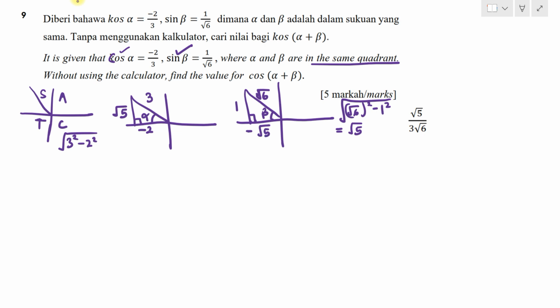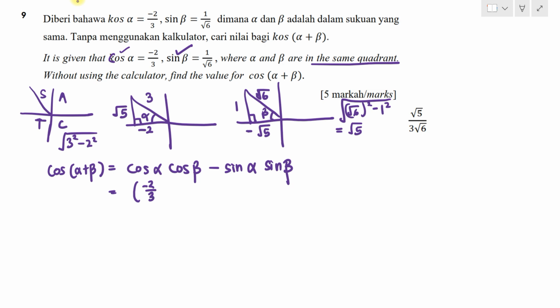Remember that. Okay, now without using the calculator, find the value of cos(alpha plus beta). Cos(alpha plus beta) is actually equal to cos alpha cos beta, and minus sin alpha sin beta. So cos alpha is already given, negative 2 over 3.